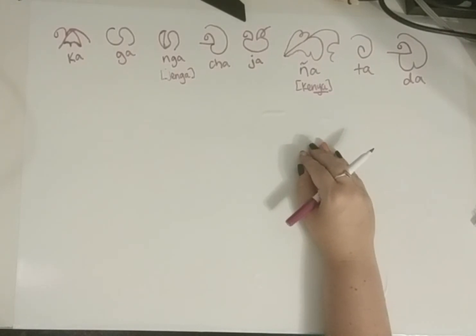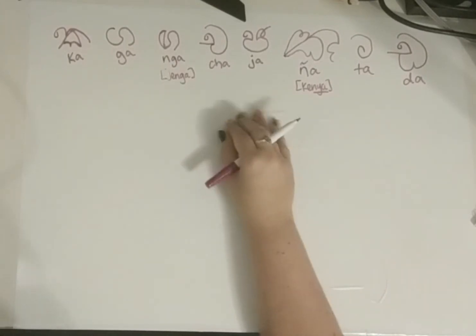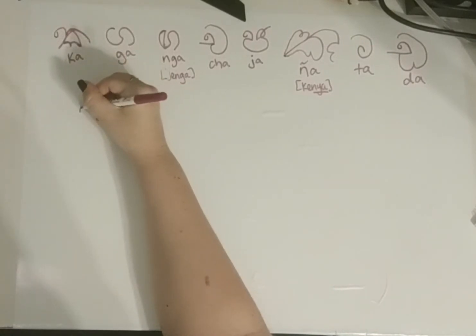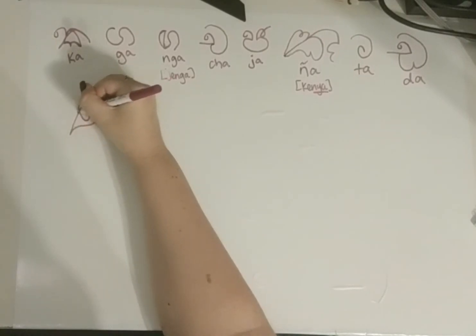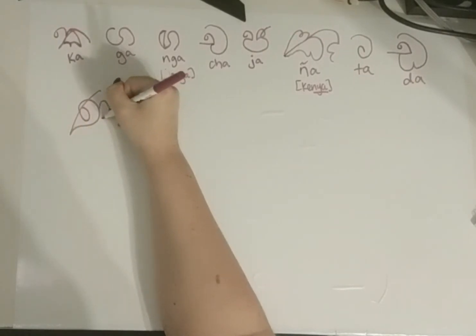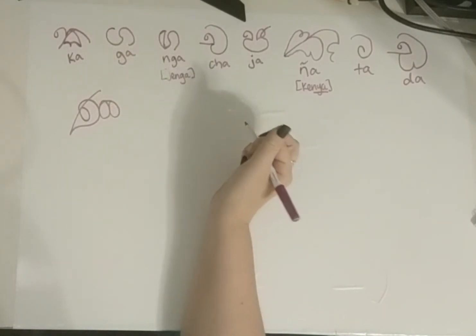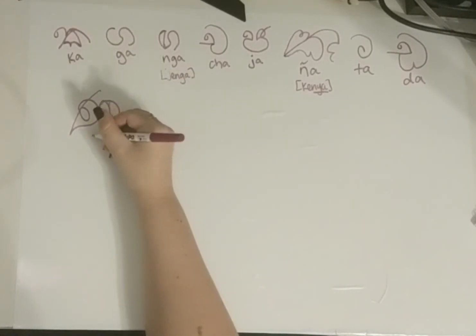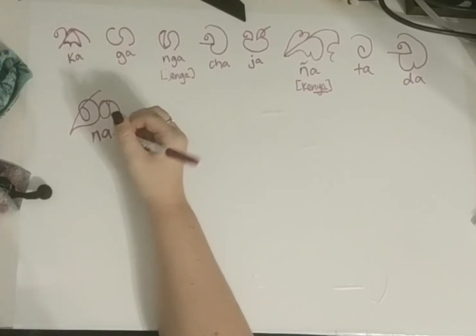It's a little complicated to write, and it's one of those that either I totally mess it up or I totally nail it. So let's see which one I get this time. Oh, you know, that's not bad. So this is na, but like I said, it's the Murjana.